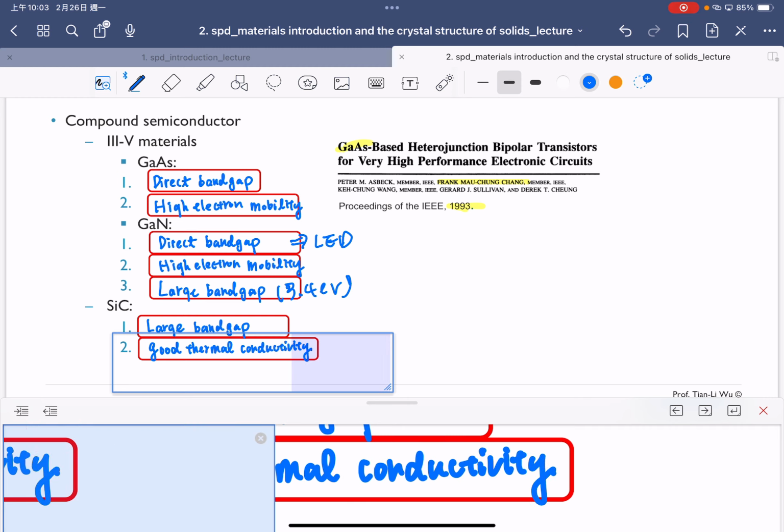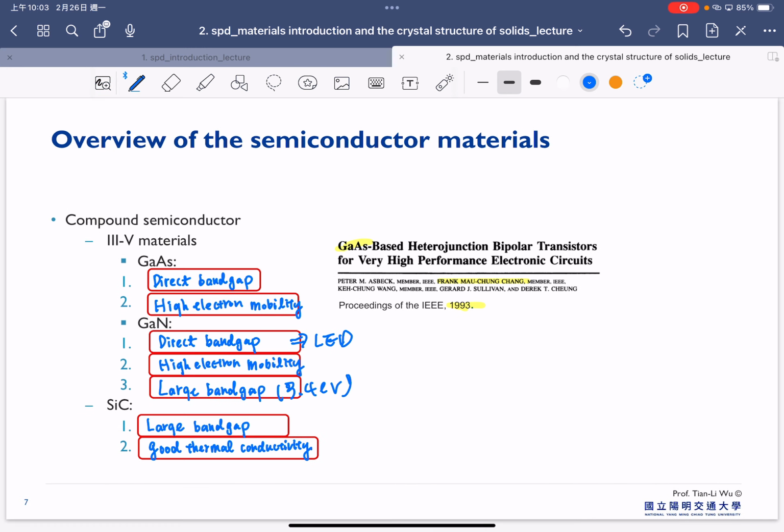Thermal conductivity means that this kind of material is very good for thermal dissipation.